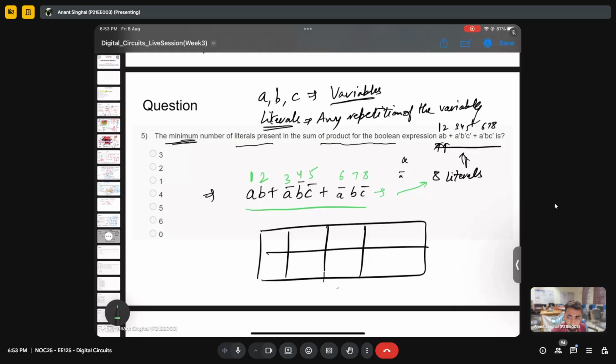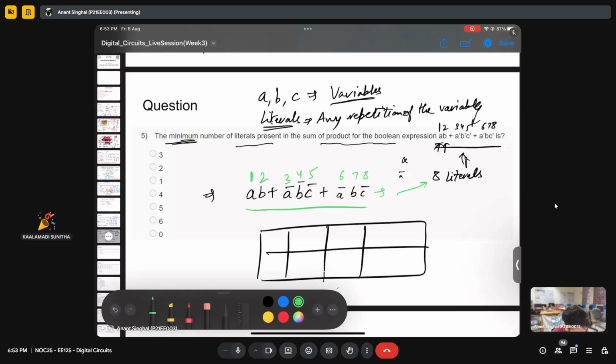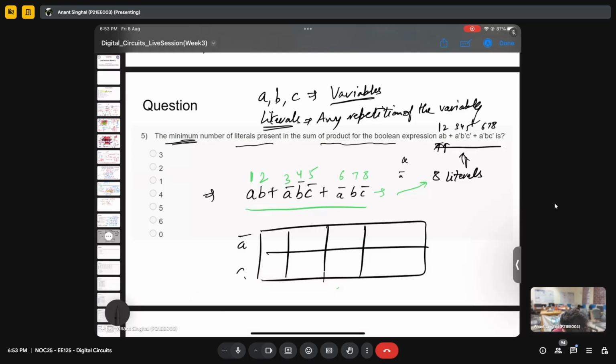But the minimum number of literals is not 8, because we can minimize this expression and then find the number of literals. Sir, one doubt. You said that a literal is a repetition, that means A bar is repeated 2 times, so do we count A bar as 1 literal or 2? By repetition, I meant that even if A and A bar are repeated, they should be counted again.